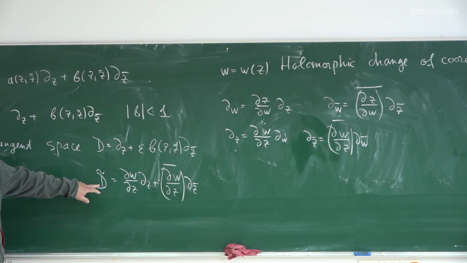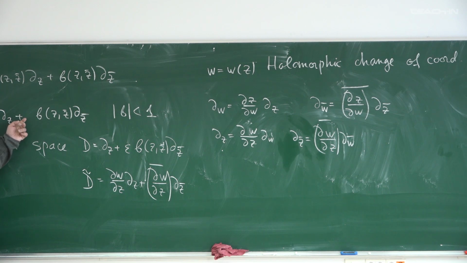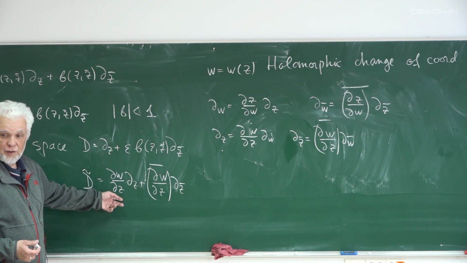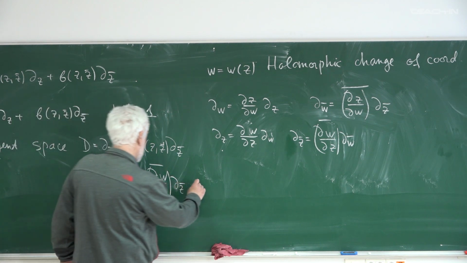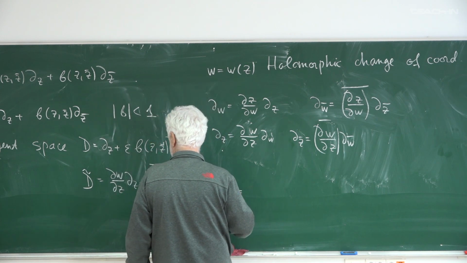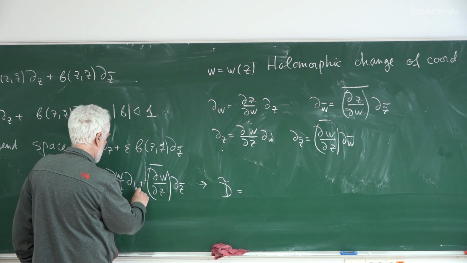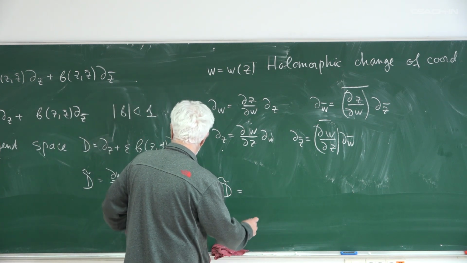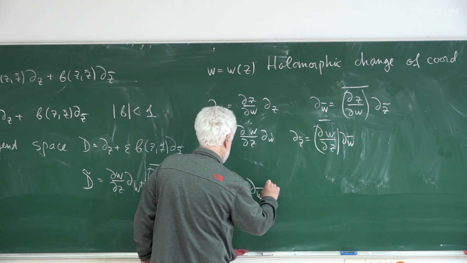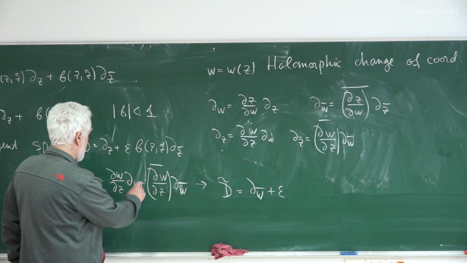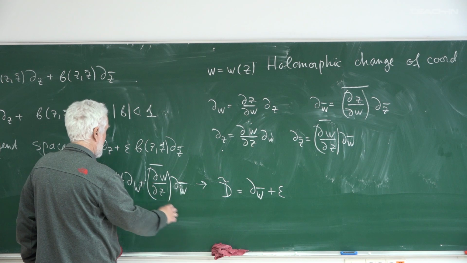But of course, we would like to transform to this form, because if you consider the right condition, we can multiply the operator by an arbitrary function on the left. So we have to divide it. D plus epsilon.